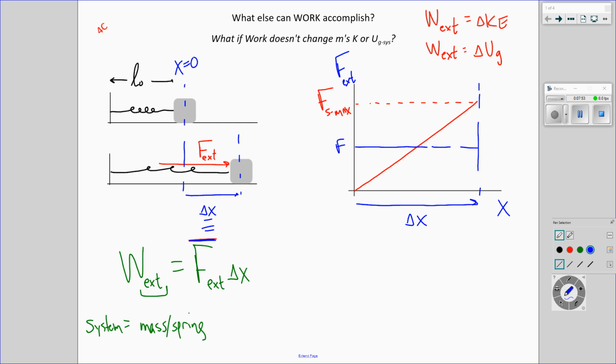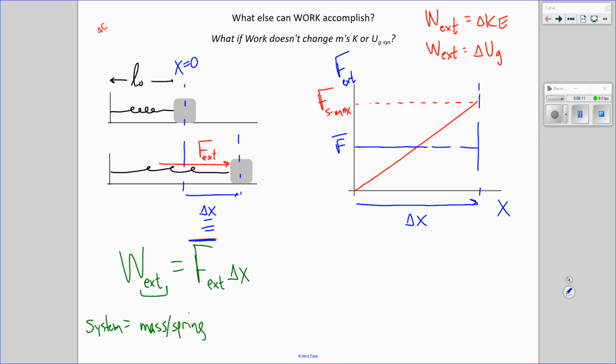Here's F average. Anytime there's a uniform change in a function, like our red linear function there changes uniformly, the average value of that function is, well, the average of the lowest and the highest value, right?